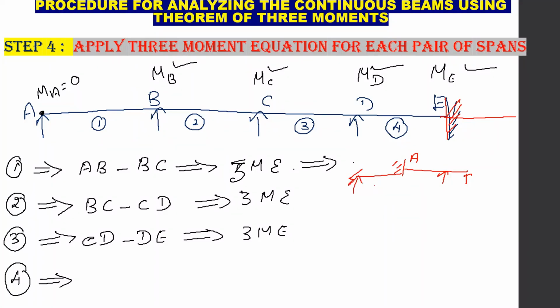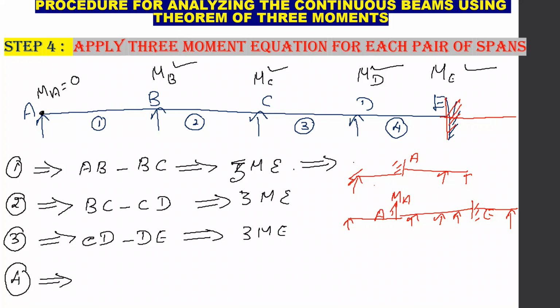If A and E both are fixed supports, we will assume a dummy span to the left of A as well as a dummy span to the right of E. Then only you will be able to get 5 equations.